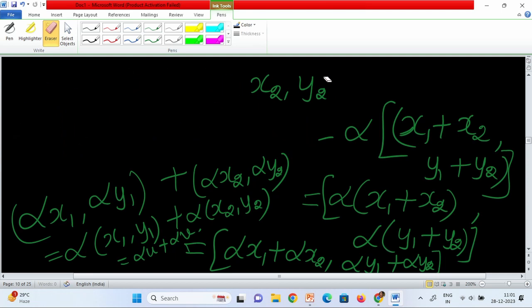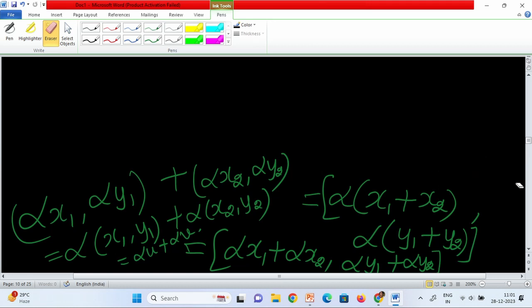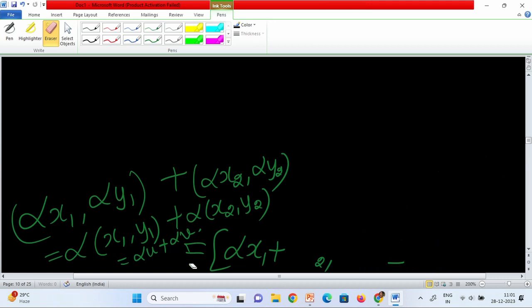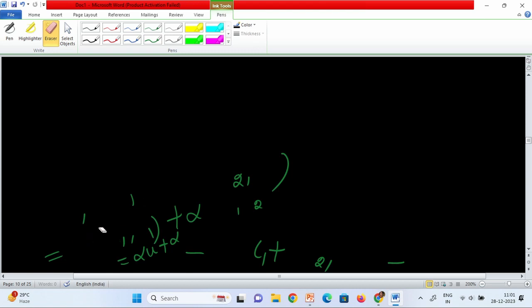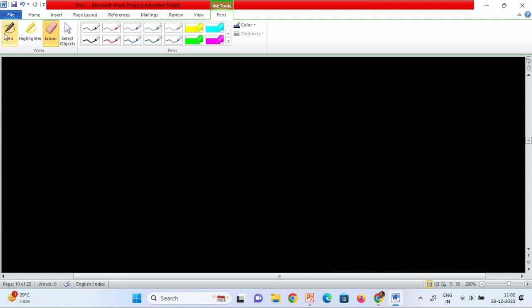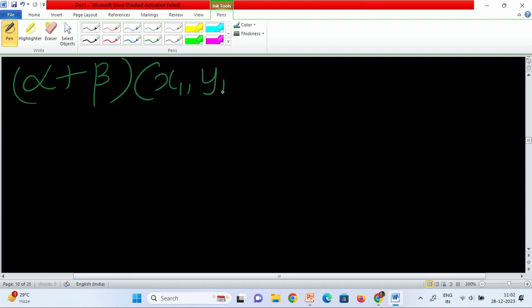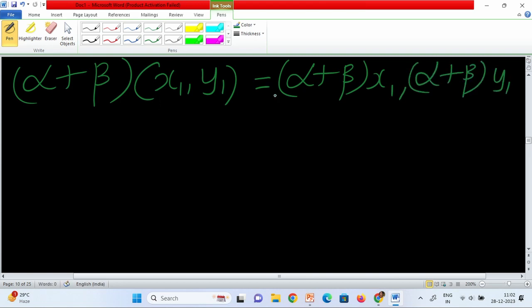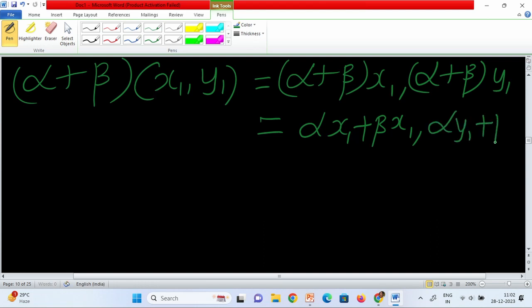For the second axiom, we have to prove (alpha plus beta) into u equals alpha u plus beta u. Instead of u, we take the ordered pair (x1, y1). So (alpha plus beta) into (x1, y1), by using the definition of scalar multiplication, equals ((alpha plus beta) x1, (alpha plus beta) y1), which is equal to (alpha x1 plus beta x1, alpha y1 plus beta y1).